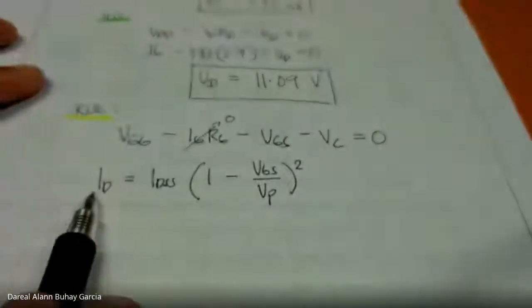ID is equal to IDSS times 1 minus VGS over VP squared. ID is 1.82 milli. Okay.